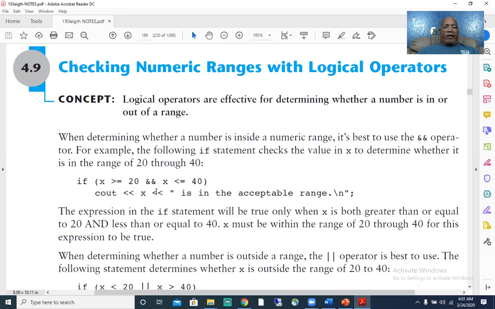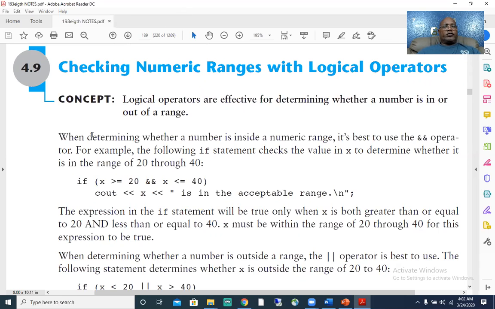So let's look at our notes. It says, logical operators are effective for determining whether a number is in or out of a range. And like I say, when you start writing code, you're going to realize that's a big part of coding. You have to determine whether something is within a range or not.